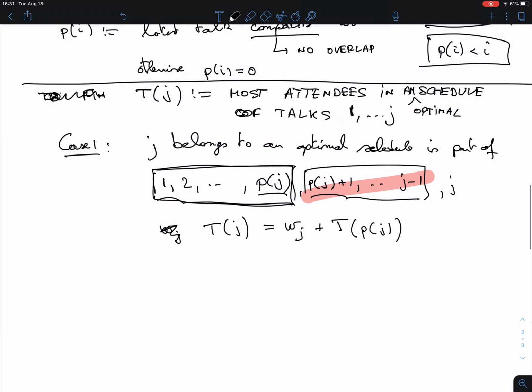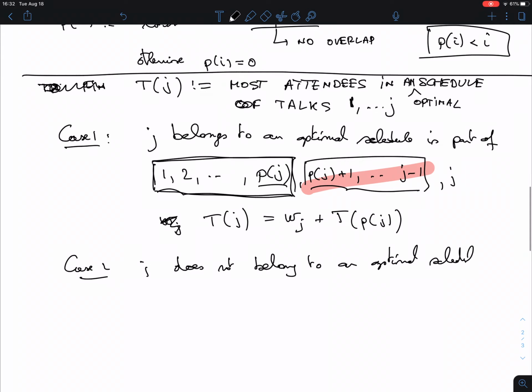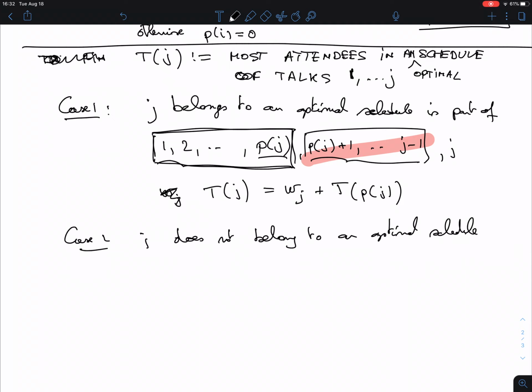Okay, so what happens if j does not belong to an optimal schedule? Let's think about what happens then. Let's look at all these talks, one less.